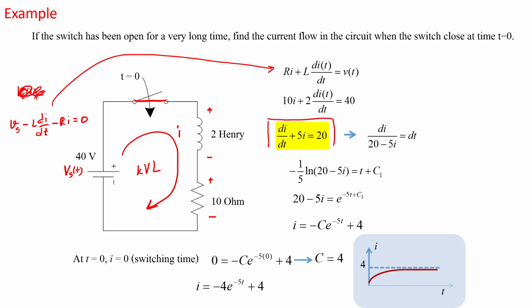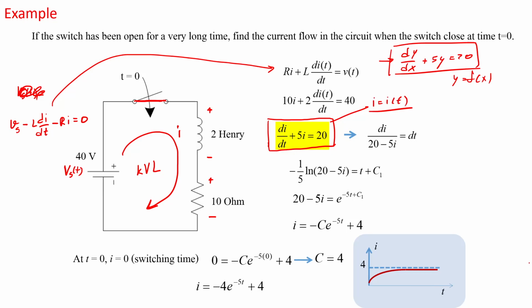So how do we solve for I? For this simple equation, it's just like solving dy by dx plus 5y equal to 20. Have you ever solved this type of equation? In this case, we try to get I as a function of t.